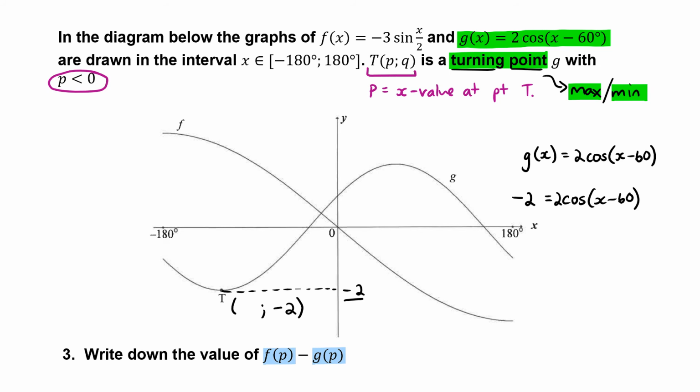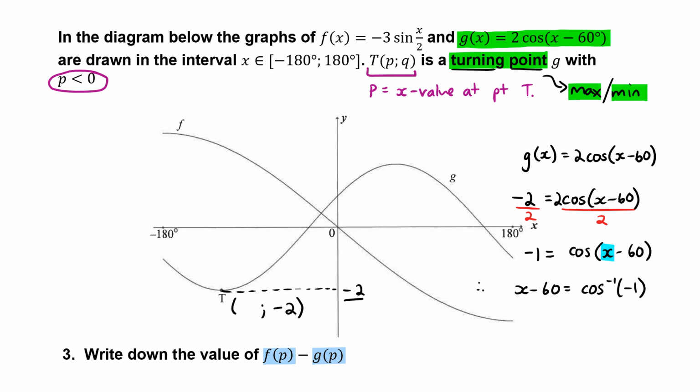And then we're going to divide both sides by 2. And so we're going to get negative 1 is equal to cos of x minus 60. And we obviously need to find x. So we would use our inverse formula. So x minus 60 would equal the inverse cos of negative 1.